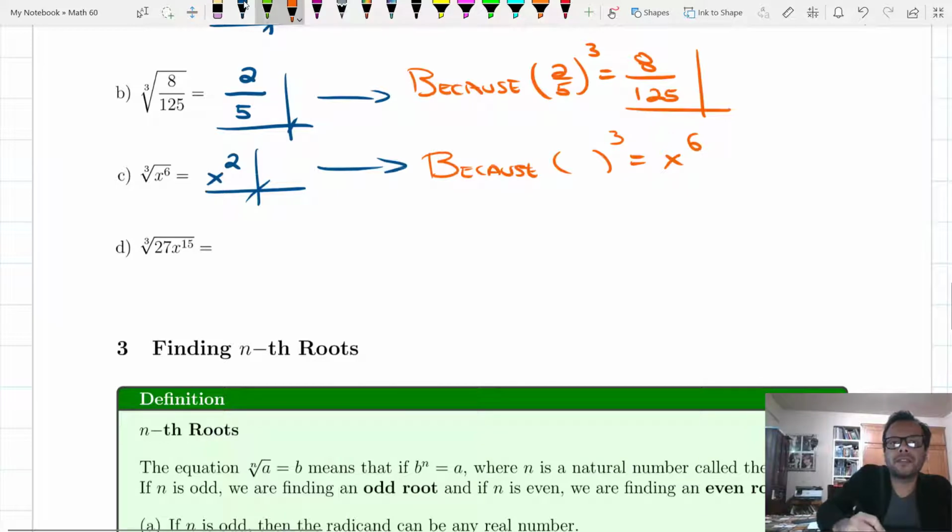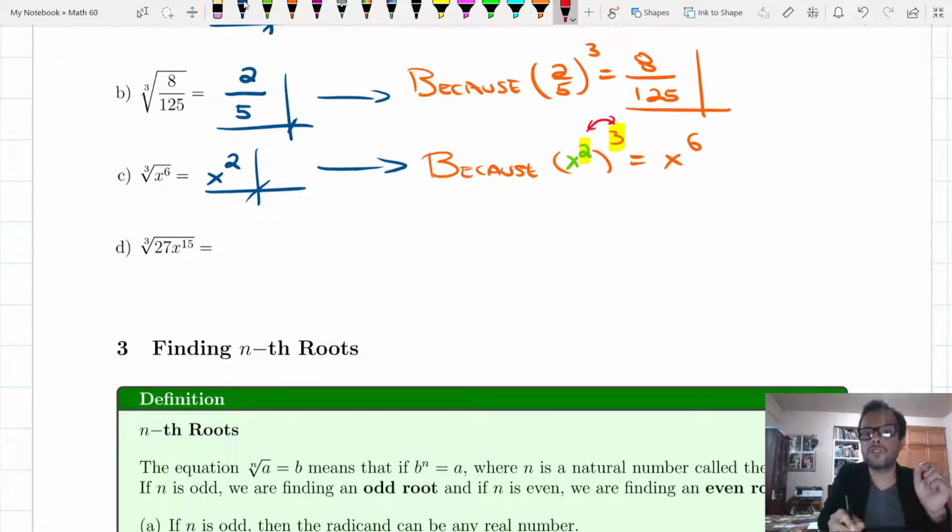Well, the quantity x to the 2nd power cubed equals x to the 6th. Again, keep in mind that for a power of another power, we multiply the powers. 2 times 3 equals 6.